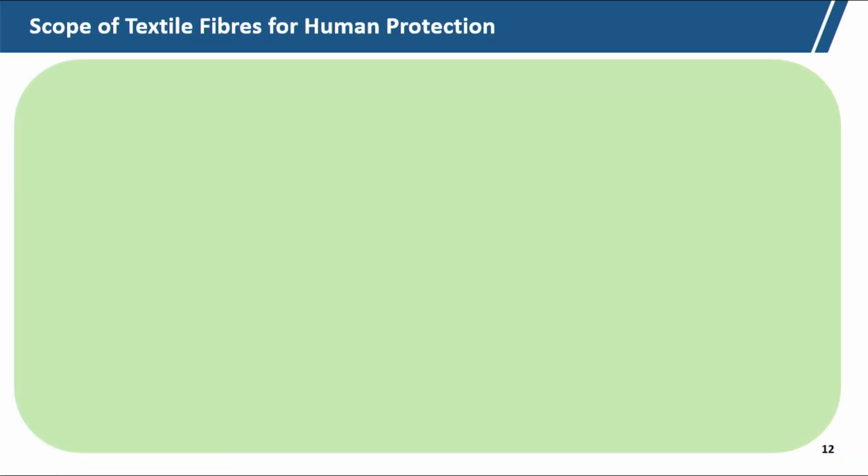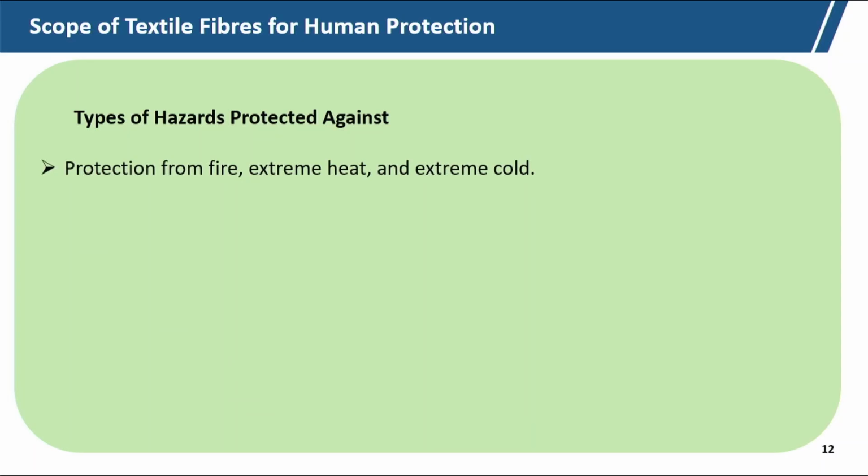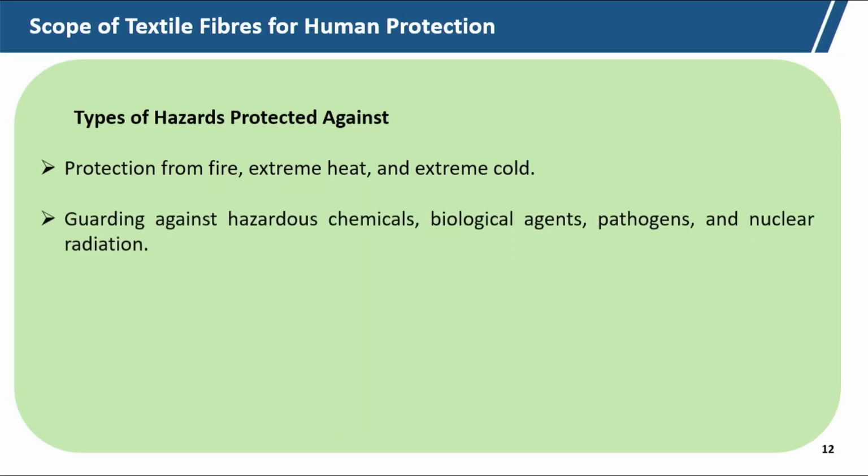So, let us see the scope of textile fibers in human protection. So, types of protection. You can see protection from fire, extreme heat, extreme cold. We need fibers for this type of protection. We need fibers for protection against hazardous chemical, biological agents, pathogens, nuclear reactions.